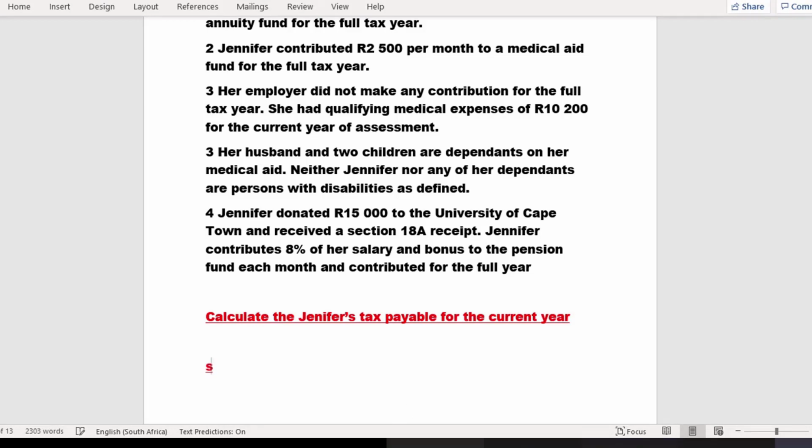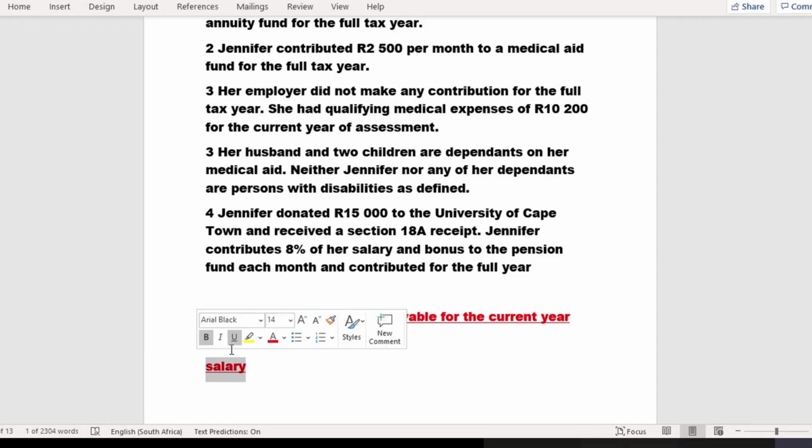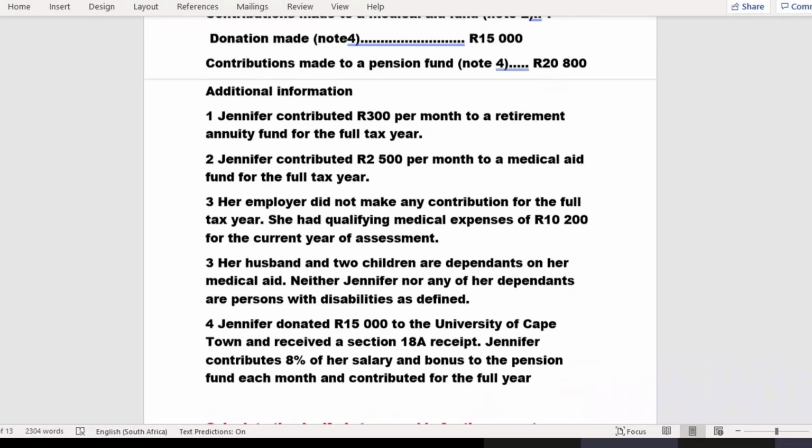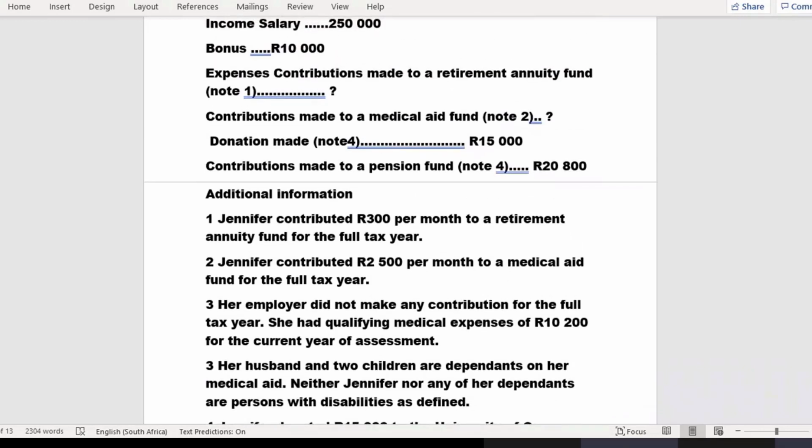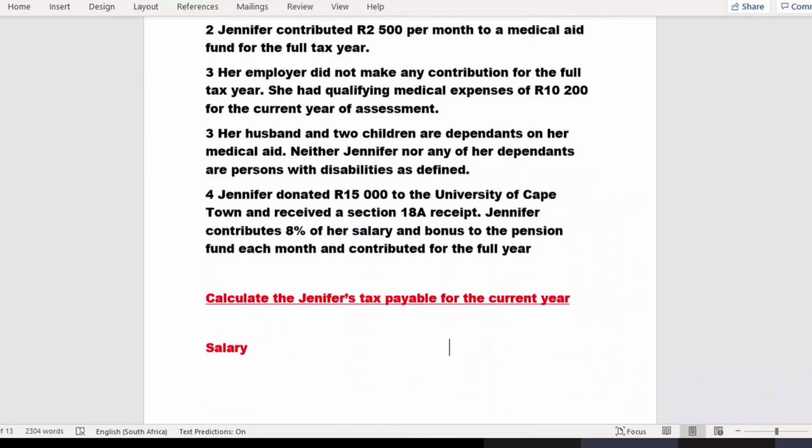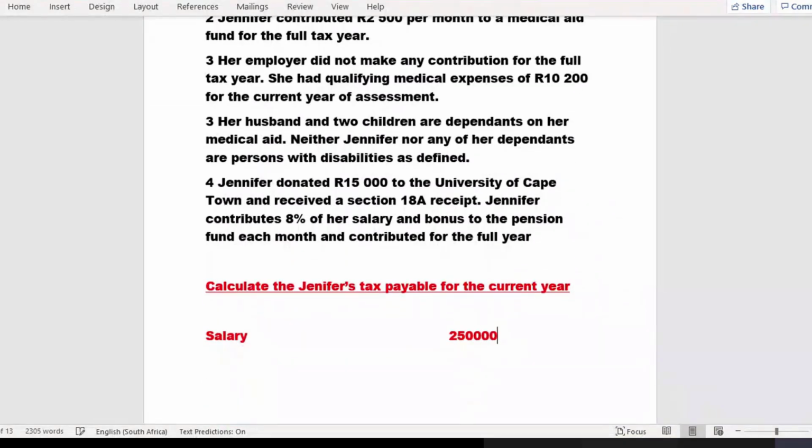Can you see salary? Okay. And how much? Can you see the amount of the salary there? Unfortunately, no. Can you bring it? It's 250,000 rand, right? Okay, it's 250,000 rand.